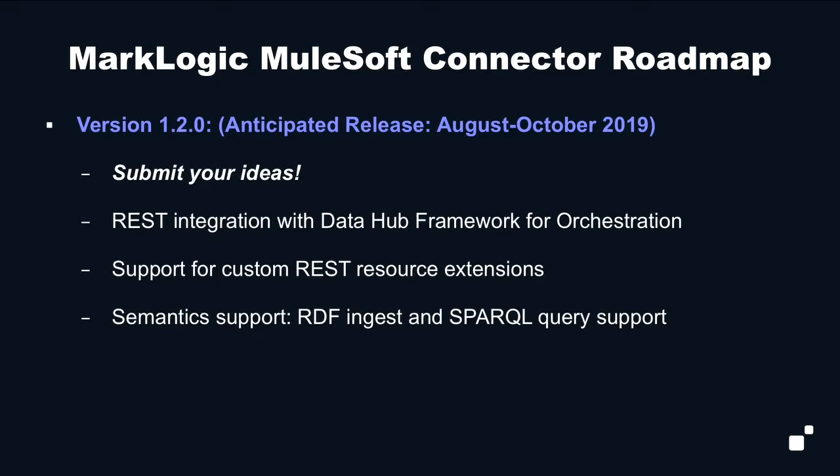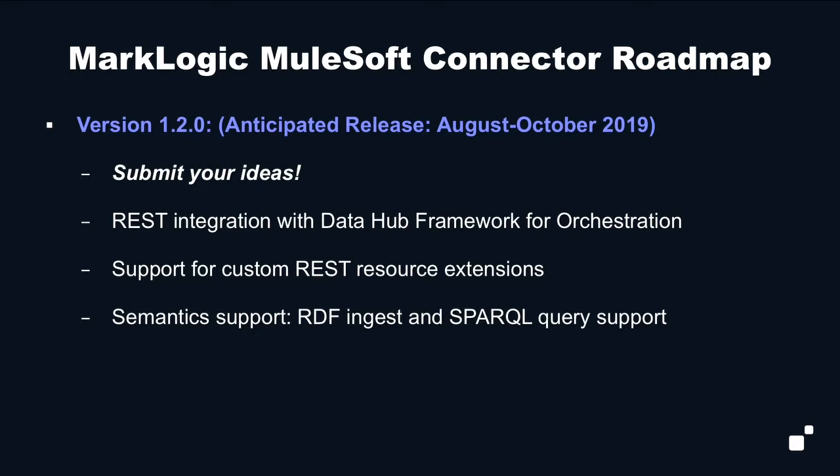We're currently planning 1.2.0, or it could also go to 2.0.0, depending on your ideas. Central to where we want to take the rest of the development is being geared towards the data hub. Some of what I'll show you today is entirely geared on orchestration with DHF.